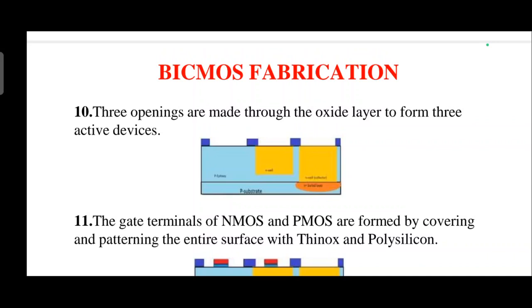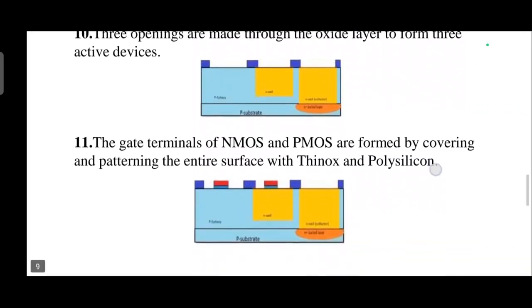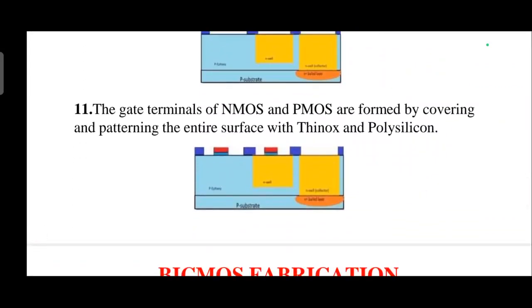Then we will create the openings in order to form the CMOS device as well as the bipolar device. And then we will form the gate terminals for the respective N-type transistor as well as P-type transistor with the help of polysilicon.